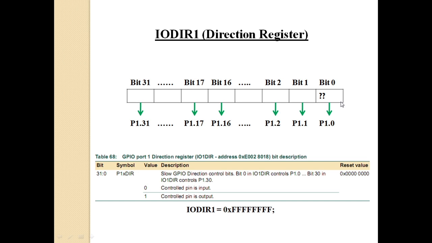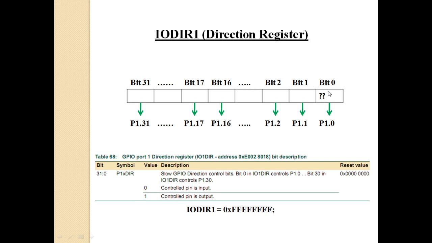So you need to find out what value should be written to the corresponding bit, bit 0 to bit 31, in order to configure the pin as output or input. This is the direction register description. You can see that if you write 0 in a particular bit, the corresponding pin will be configured as input.